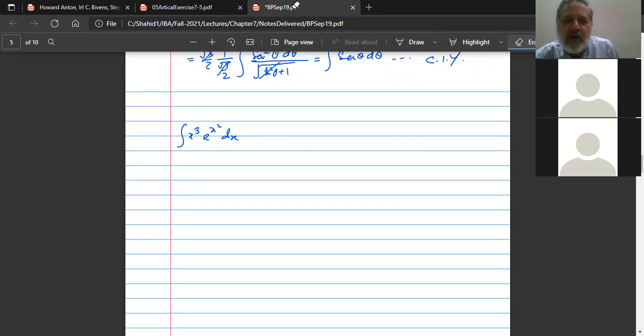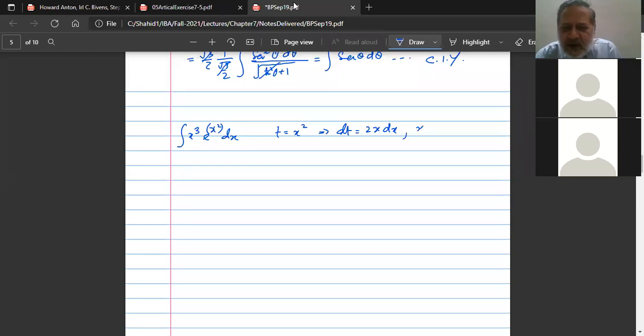It is not the whole square of e power x, but e to the power x that is squared, so it should be considered like this. So what I do is take t equal to x square. That makes dt look like 2x dx. Now do I have this 2x dx?